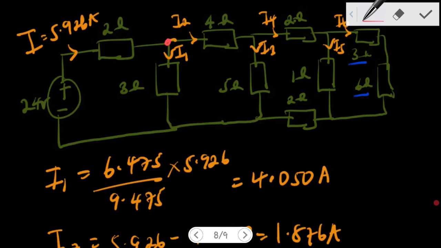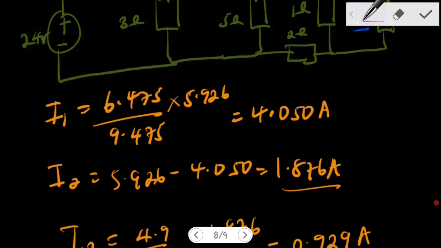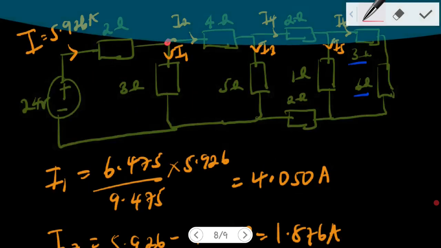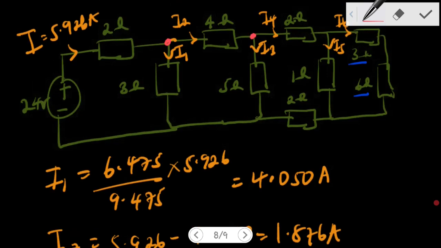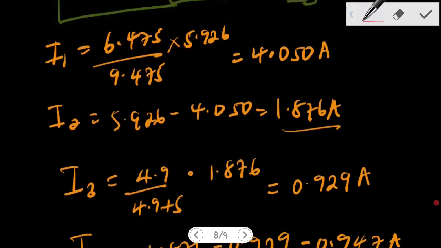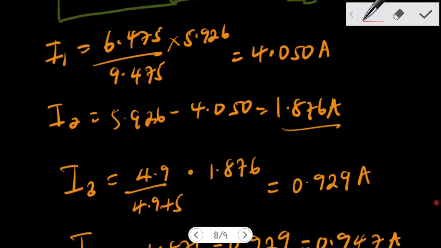The PD across the 4 ohm resistor is 4 times our I2, of which our I2 we got as 1.876. So we shall be having 4 times 1.876, giving us 7.504, right?